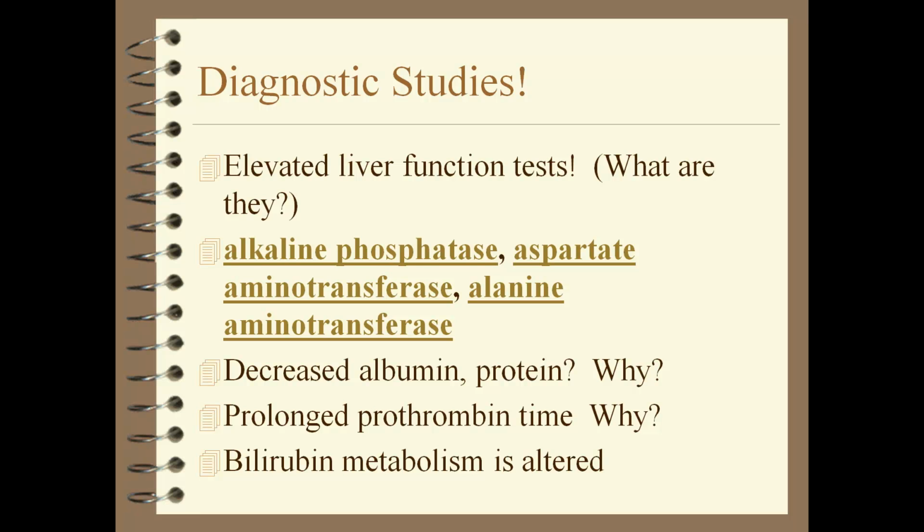So those would be elevated. You would have a decreased albumin and protein. Why would you have decreased serum albumin and protein? And why would you have prolonged prothrombin time? So consequently, bilirubin cannot be metabolized.